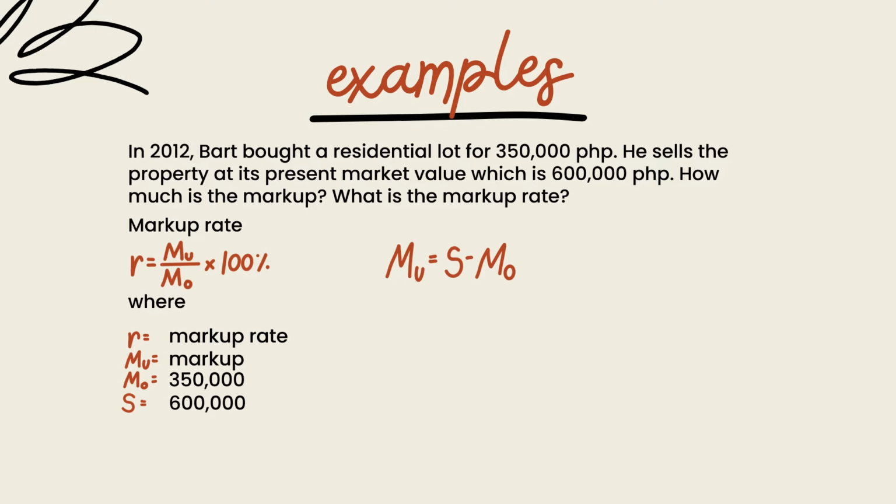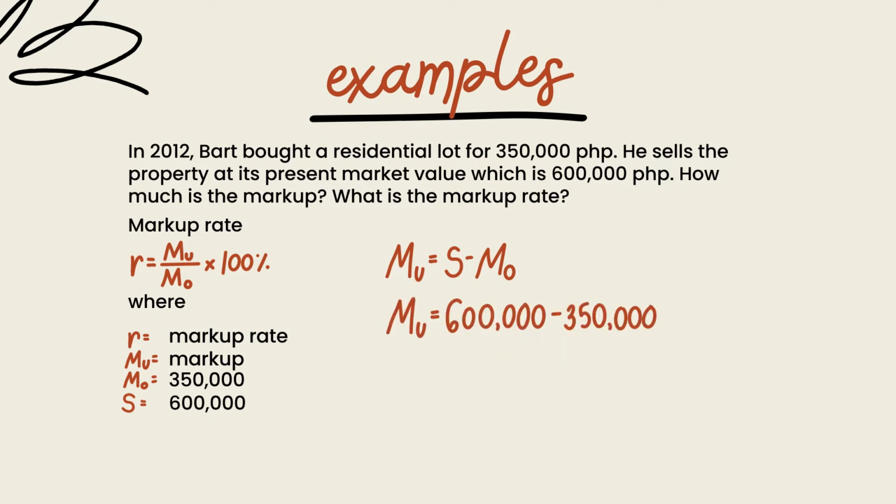So di ba kanina we were able to say that S is equal to M sub U plus M sub O. So, pinaglaruan lang natin yung formula dahil nga si M sub U yung nawawala ngayon, we can just transpose M sub O sa left side para magkasama na sila ni S. So, you have S minus M sub O is equal to M sub U. So, kapag hindi alam ang formula, you can just manipulate the given formulas, yung mga initial na meron ka. Kasi doon lang naman iikot yan.